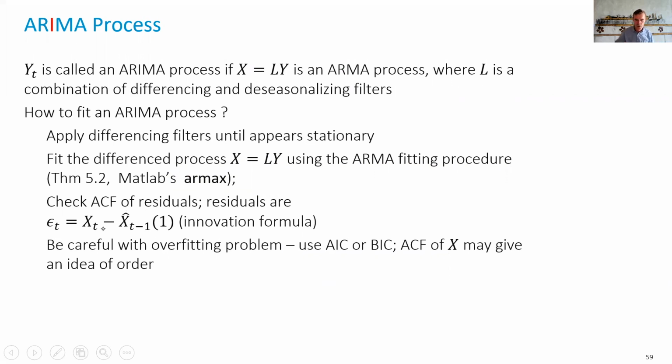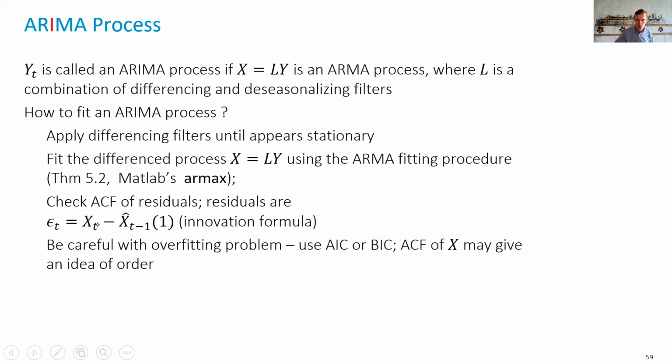Now we know what the residuals are. If you remember the innovation formula we have seen for forecasting, we know that xt is equal to the forecast done at time t-1 at lag 1 plus the noise term epsilon t, because the first coefficient of the filters is assumed to be one. So that gives us a way to understand the forecast, but it also gives us a way to estimate the noise terms.